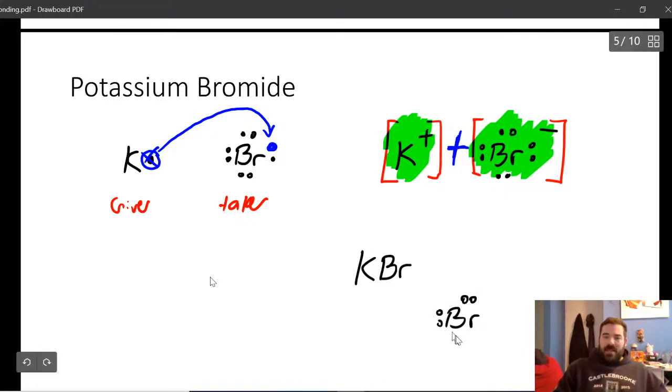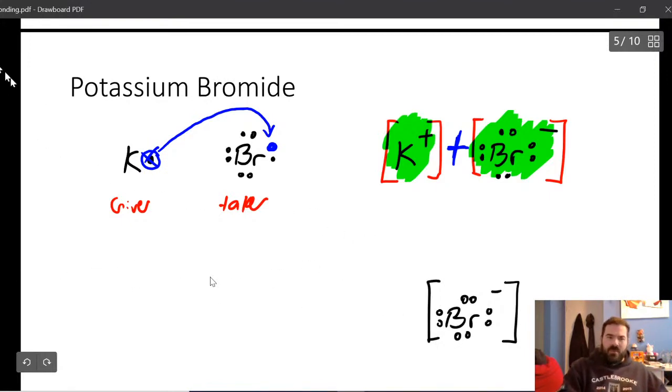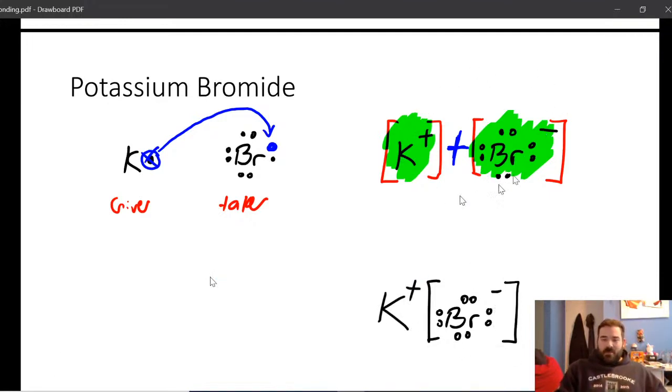And we would draw it as a Lewis dot diagram, as some people do this differently. I like to draw the non-metal in brackets, so in these big square brackets, and then I'll draw however many potassiums there are. In this case, there's 1 potassium per bromide ion, and we'll discuss ratios a little later, but I'll draw the potassium right out here. It doesn't matter what side we draw it on, but I'll just show that they're bonded like that. They're bonded because it's positive and negative charges, just like magnets, positive and negative magnets.